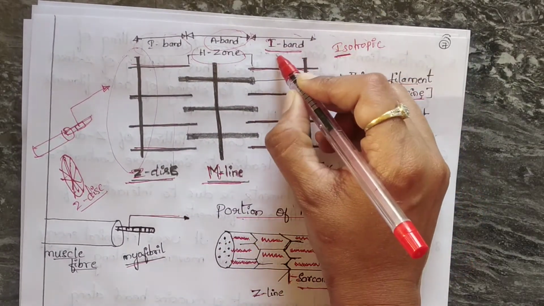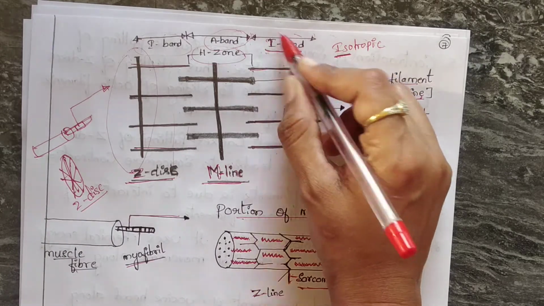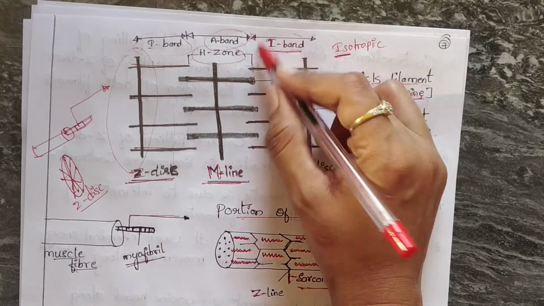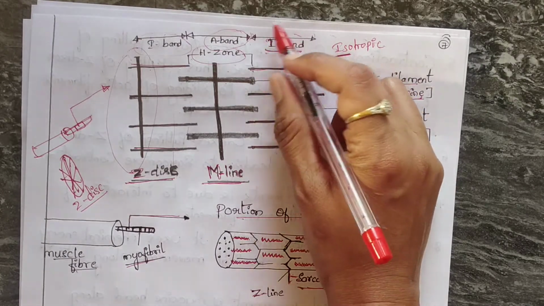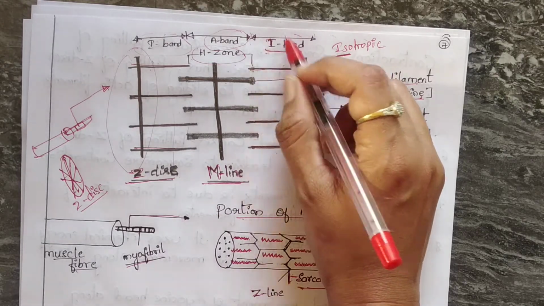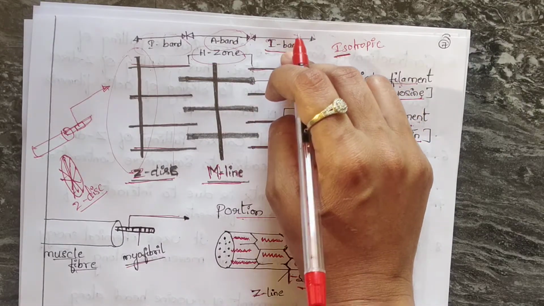Here, I means isotropic band. Iso means same, so the polarized light passes through this region with the same velocity.